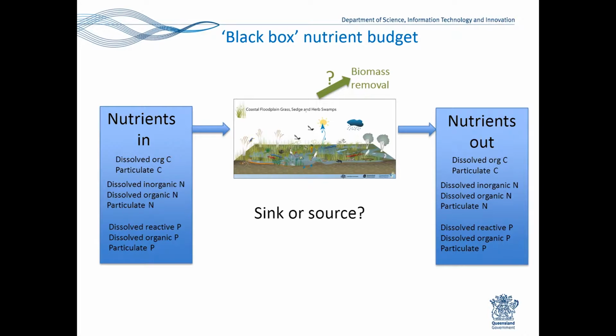Quite often, I suspect, we will find that some of these may have decreased if the wetland is acting as a sink. Some may increase if the wetland is acting as a nutrient source, but it's the changes between those different forms which is becoming hugely important from an environmental perspective.